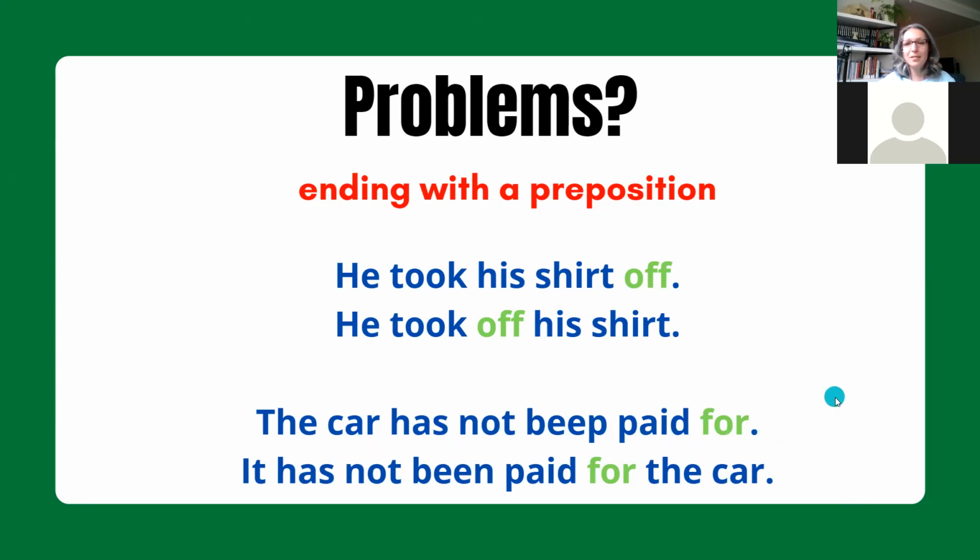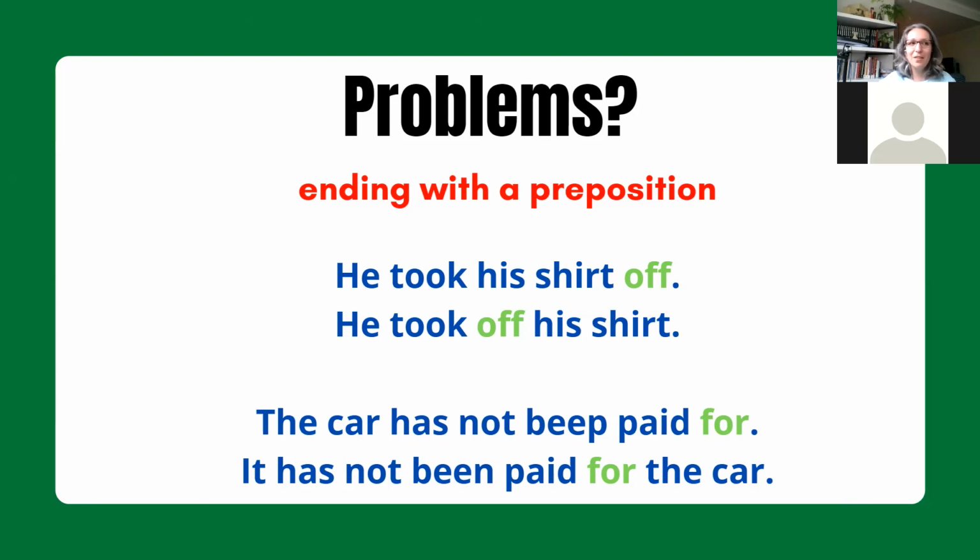Perfectly sound sentence. We understand exactly what it means. But then if we were to move that preposition from the end of the sentence, we have to change it around a bit. It has not been paid for the car. So you see that doesn't flow, whether it's written or spoken.